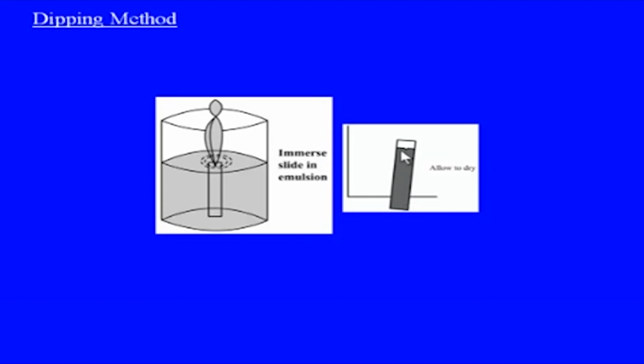The liquid emulsion forms a covering around the sample and on other parts of the slide, and once it is ready, it can be exposed and finally allowed to form the radiographic image. So, this is how the dipping method is performed.